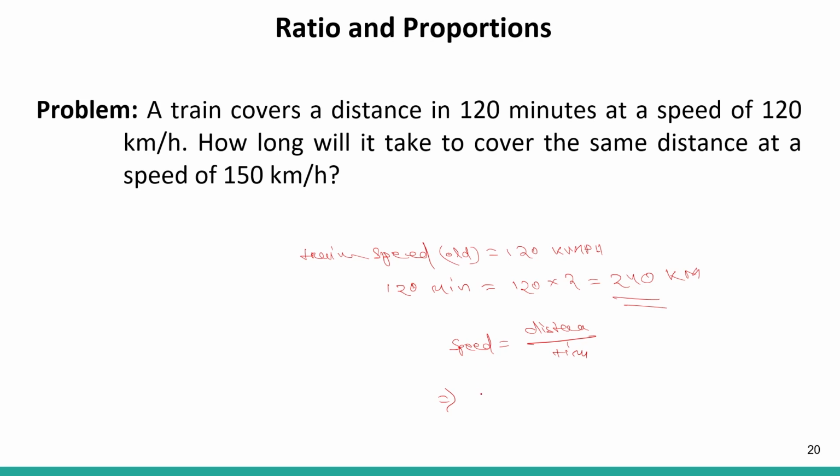This implies that speed is given to us as 150 km per hour and distance is 240 kilometers and we need to evaluate t. So t is equal to 240 by 150. So the zeros cancel out and this will become 24 by 15, so this will become 8 by 5. So 8 by 5 hour.